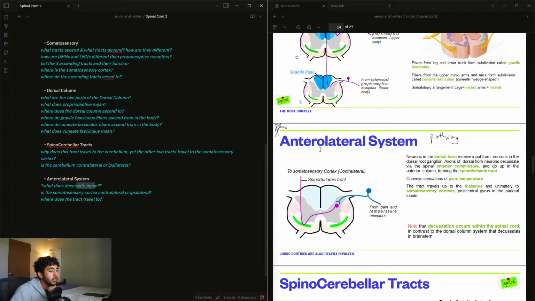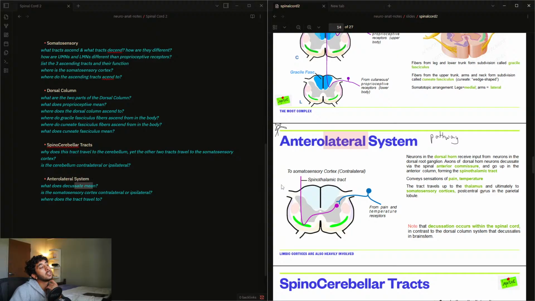Anterolateral, that is for the spinothalamic tract, which goes to the somatosensory cortex, which is contralateral. So both sides. So the anterolateral system for pain and temperature, both sides. The dorsal column system for proprioception, both sides.